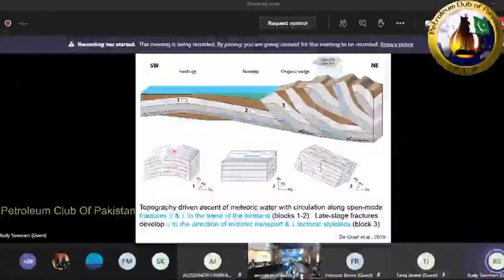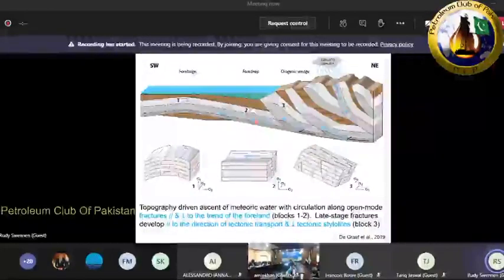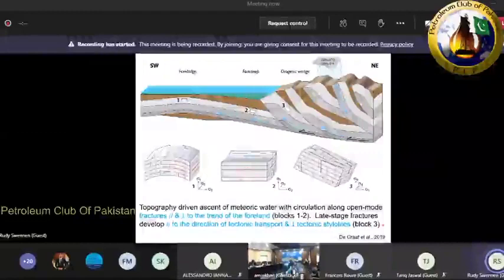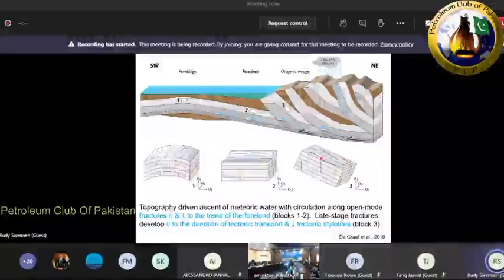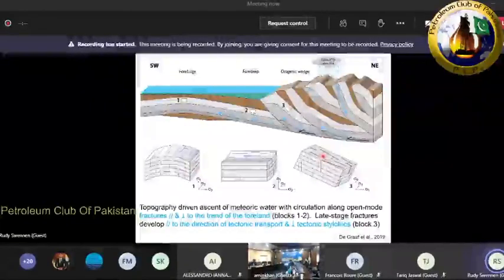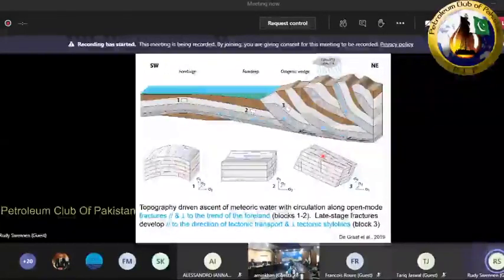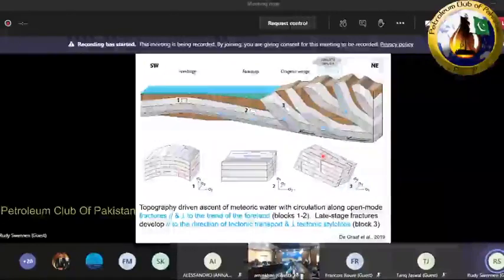That's what happens in block 1 here, or in this area, block 2. And then the late stage fractures, they develop parallel to the direction of tectonic transport or perpendicular to the tectonic stylolites. That's what happened in the stage of the late stage deformation.